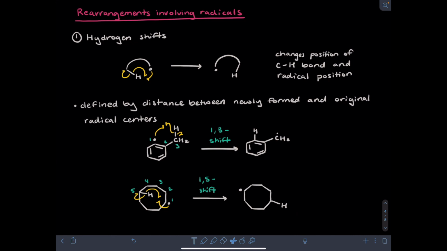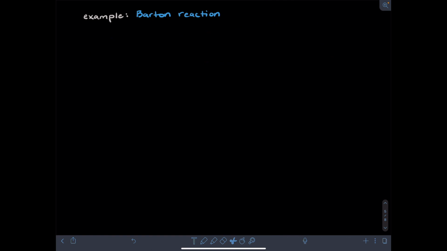Radicals are very reactive, and these 1,5 shifts are particularly prevalent, but you can also have radical shifts involving other positions of CH bonds as well. One mechanism in which a 1,5 shift occurs is known as the Barton reaction.